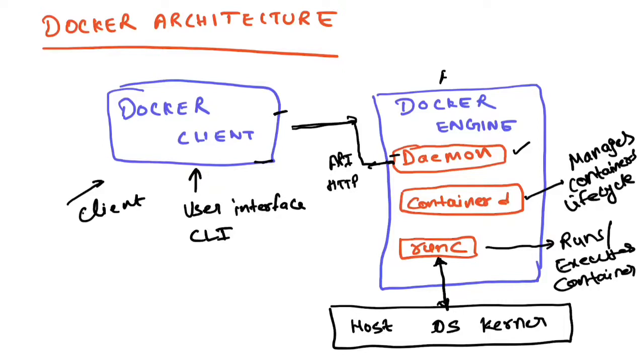As I said, runc creates the actual container, whereas containerd just manages the life cycle of the container. It does not create the container, but it gives an instruction to start the container, if I talk about managing the life cycle. So, just to avoid the confusion between containerd and runc: containerd just manages the life cycle.